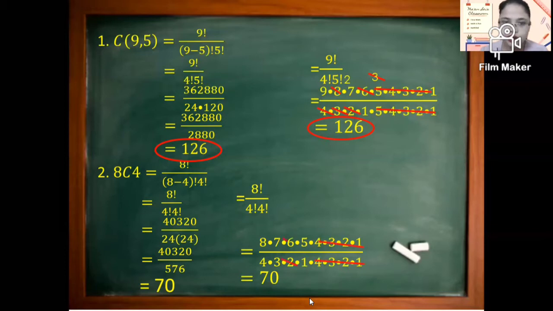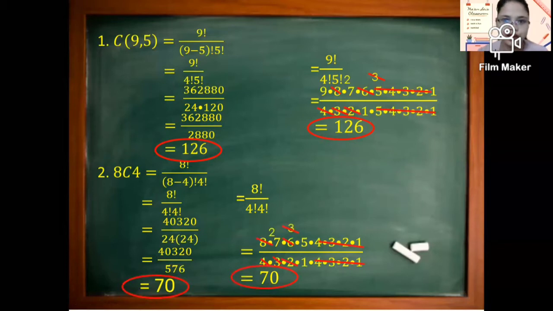Cancel din yung 2 at yung 6. That is now 3. 6 divided 2 is 3. Then cancel din yung common na 3. Pwede rin natin i-cancel ang 8 at ang 4. So that is now 2. Kung papansin natin ang natira po ay 7 times 2 is 14 times 5 is 70. Kung papansin nyo, pareho rin yung sagot. Okay po.